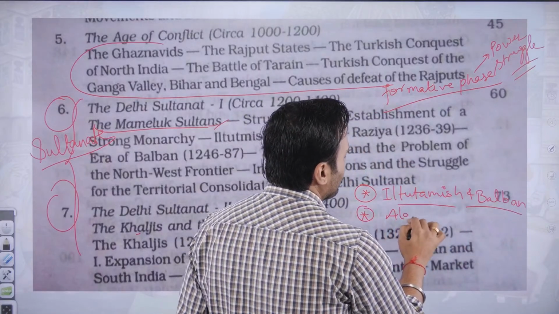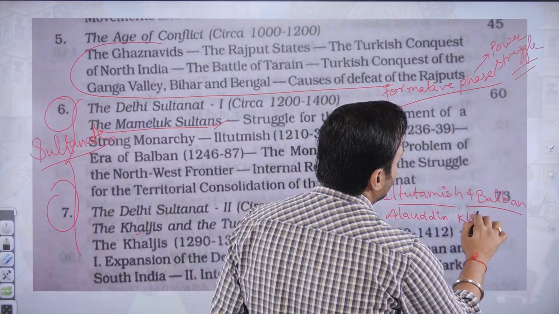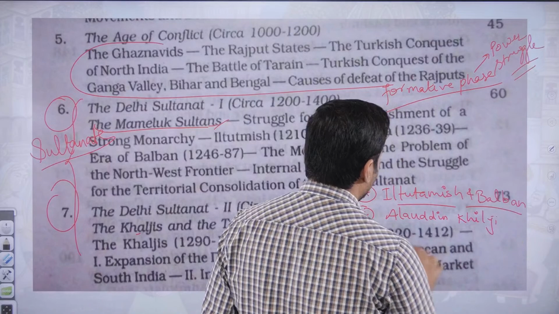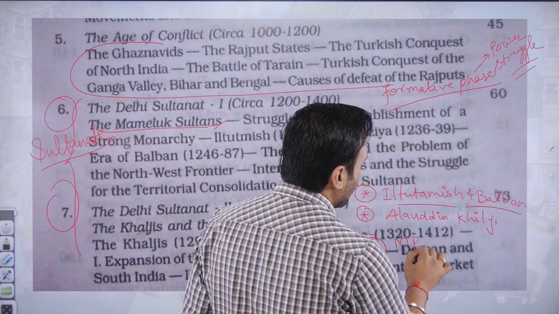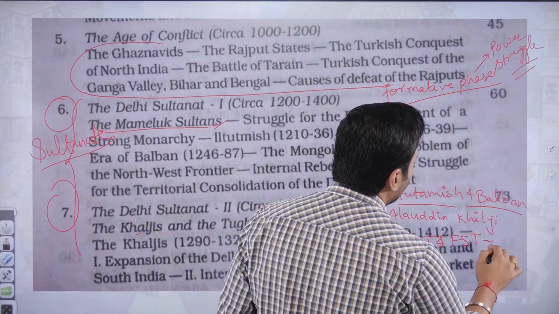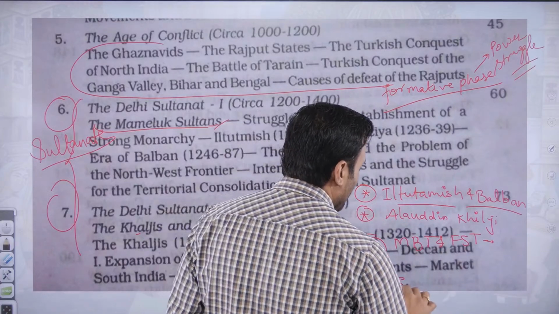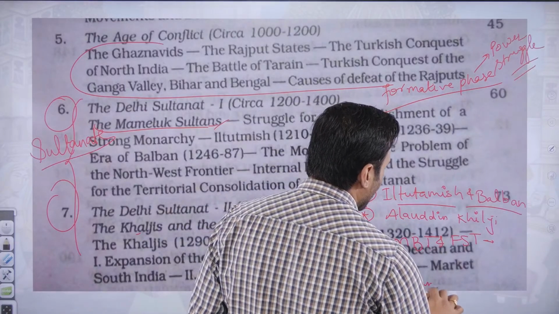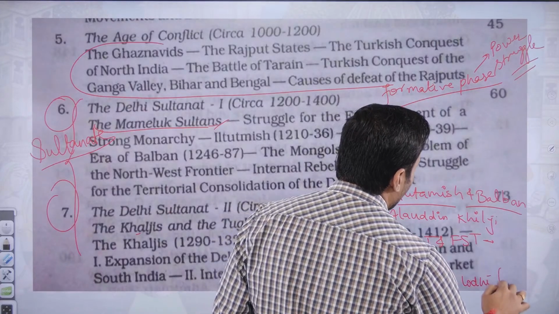Alauddin Khilji from the Khilji dynasty, Muhammad bin Tughlaq and Firoz Shah Tughlaq from the Tughlaq dynasty, and Sikandar Lodi from the Lodi dynasty.